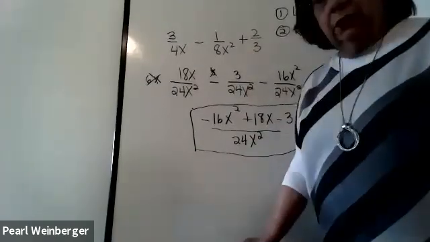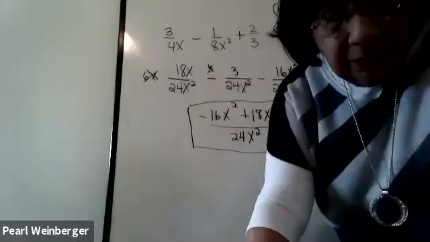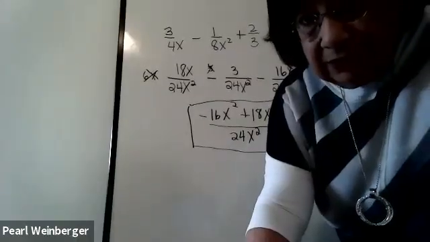Okay, so I have a question. Sure. Who's asking me a question? Alexandra, did the sign change? Because I see that it's negative and plus, and then they change to negative and negative. No, above.